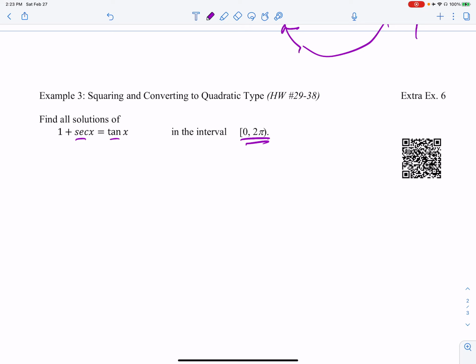And by the way, 1 plus tangent squared x equaling secant squared x, I still think that there's people who do not understand that this does not simplify like this.